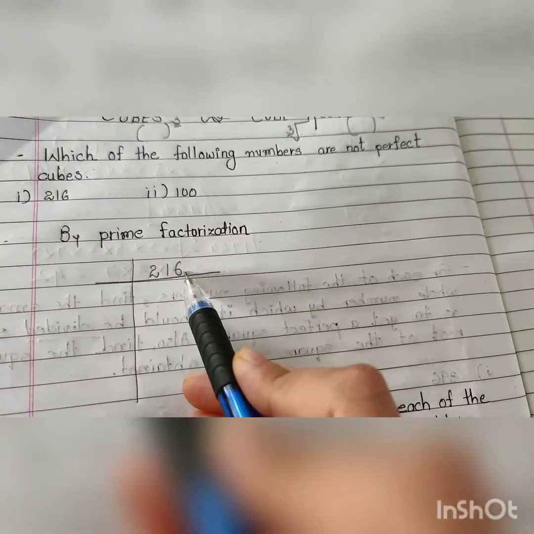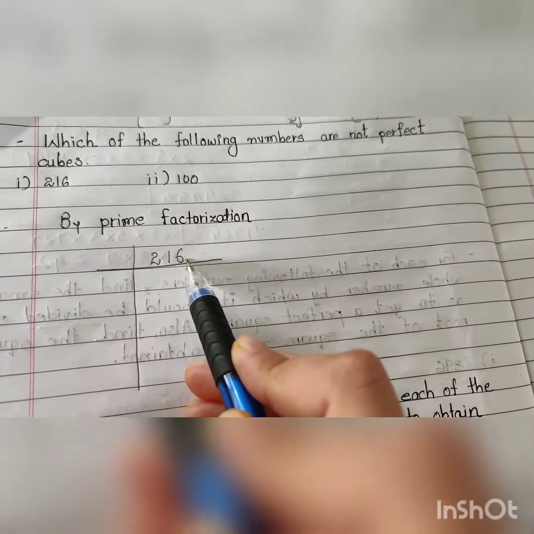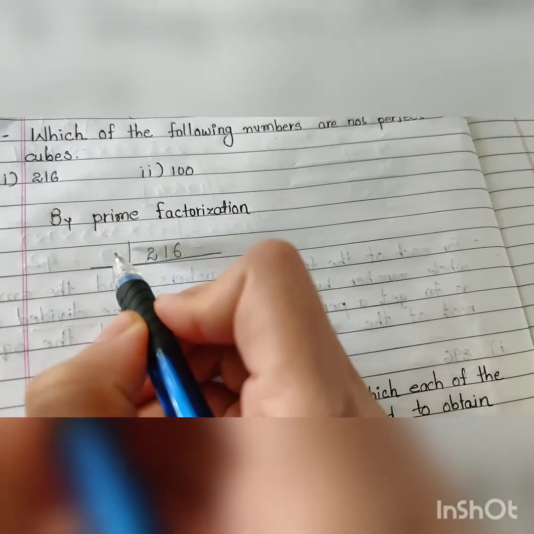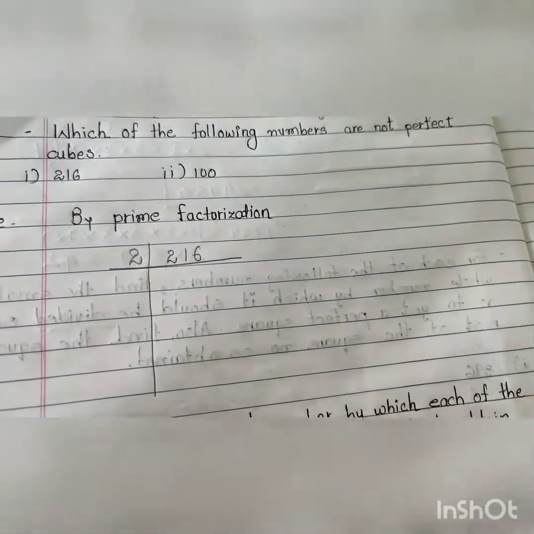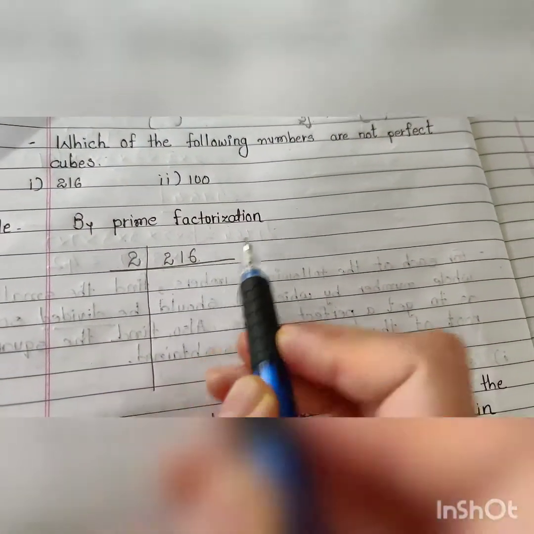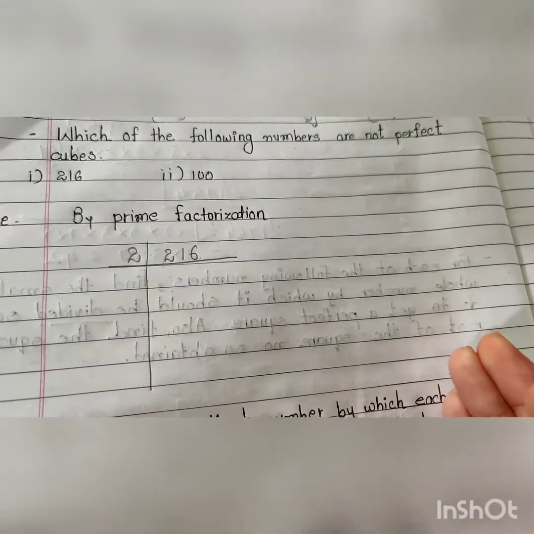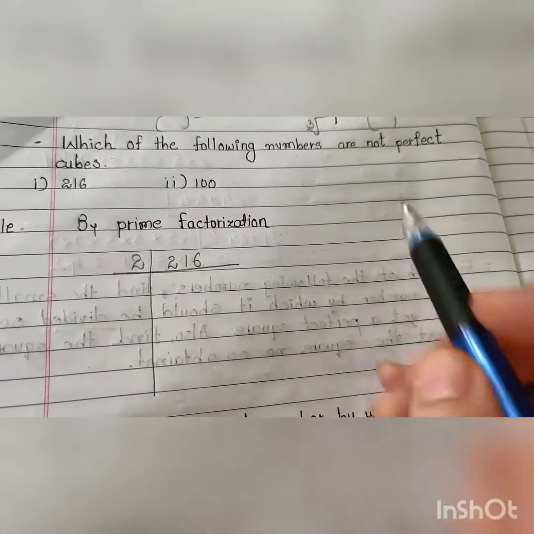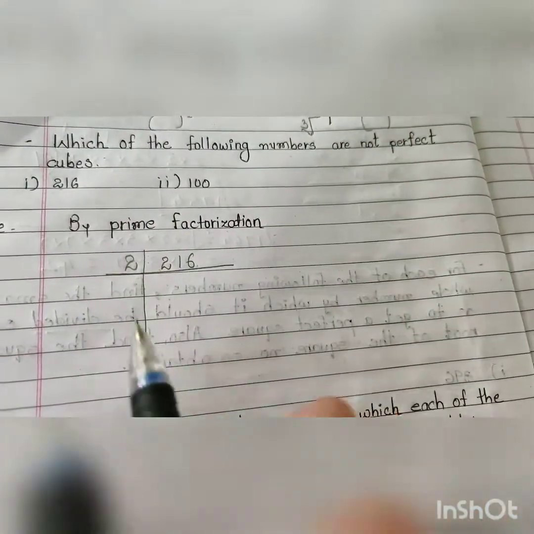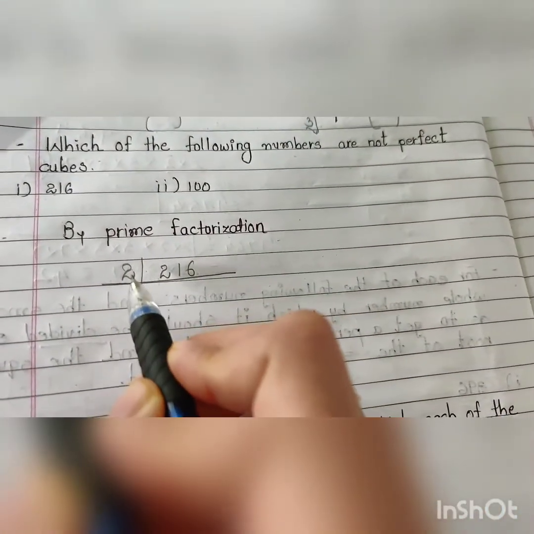So here 6 means it is an even number, hence we can go with the prime number 2, right? Now divide it. If you can divide it here only, then it will be good for you. But if you can't, then you can divide it separately and check.